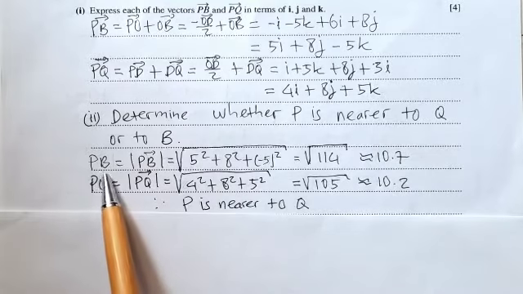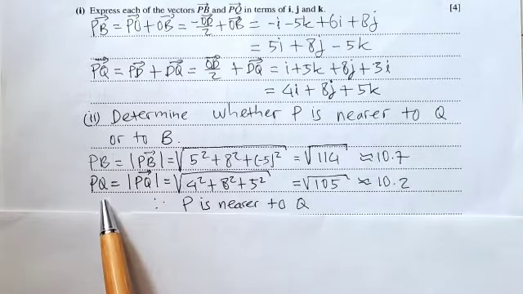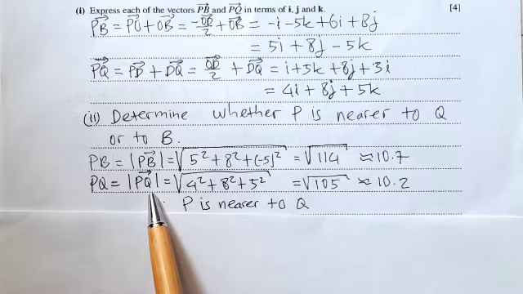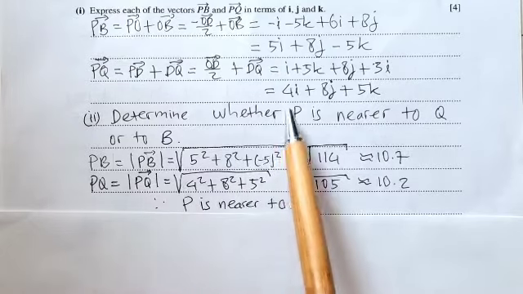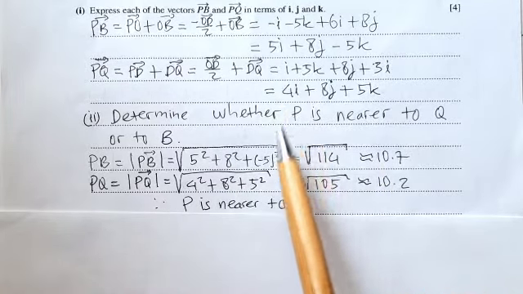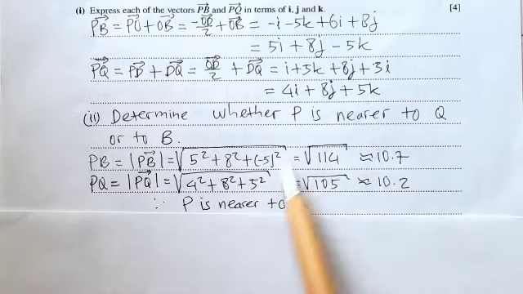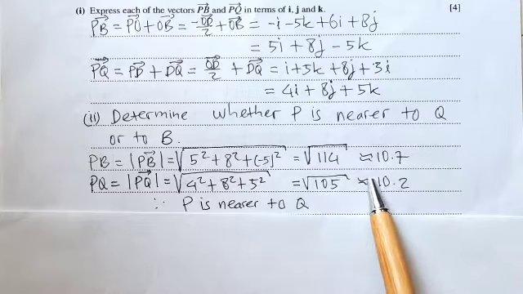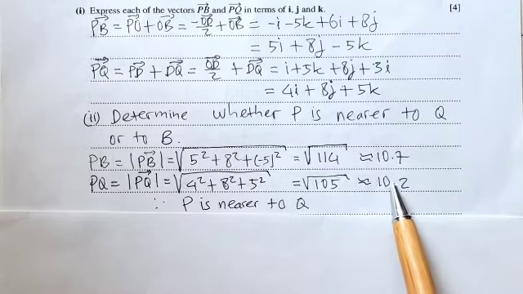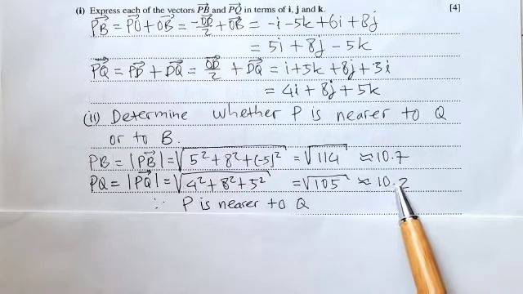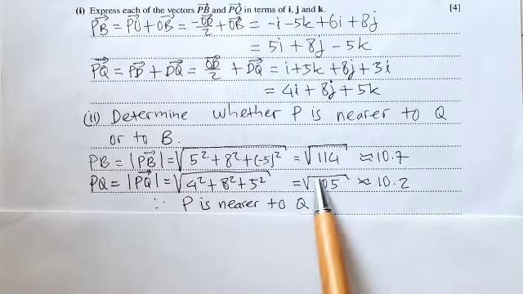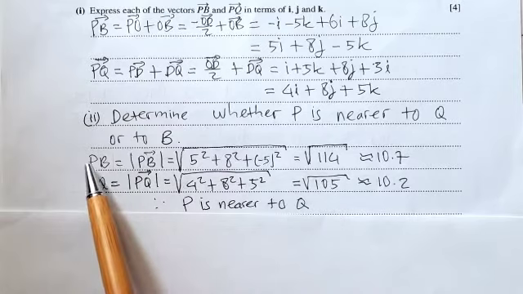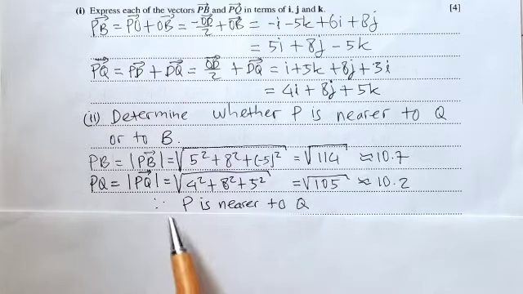And the length of line segment PQ is the magnitude of vector PQ, the square root of 4 squared plus 8 squared plus 5 squared, that is square root of 105, approximately 10.2 correct to 3 significant figures. Thus the distance from P to Q is less than the distance from P to B. Thus P is nearer to Q.